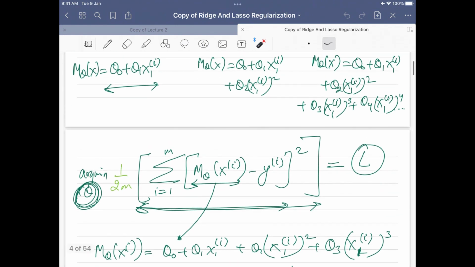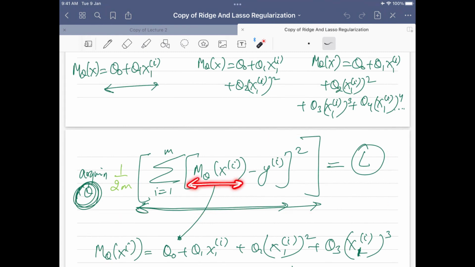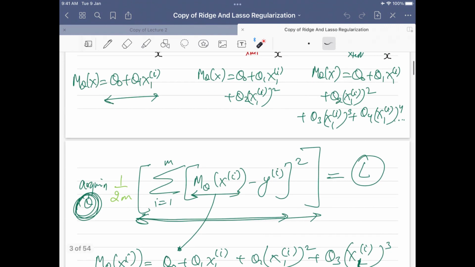So if you see here, this is the original cost function that we were already working around, and this is the model which you were estimating. This is the model which you are defining for a specific problem, and it will estimate some value y hat, and you know that this y hat has to be subtracted from the actual y to get the square of that.